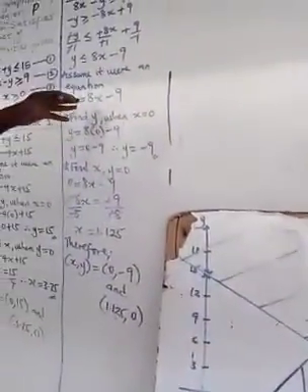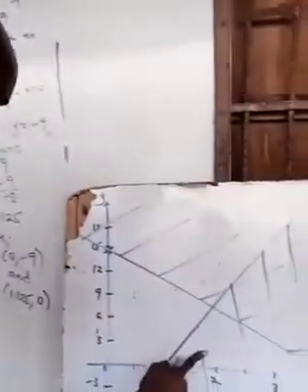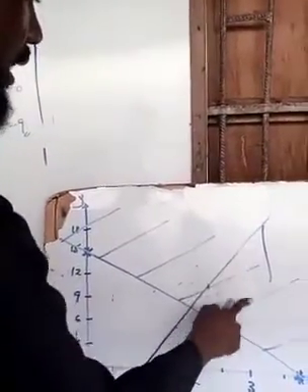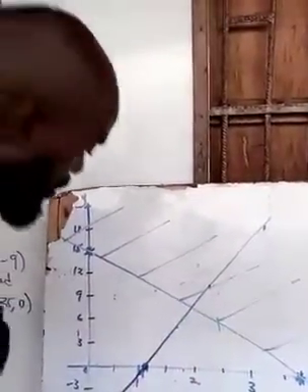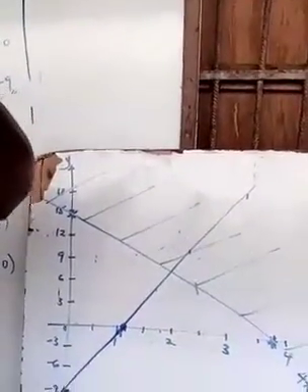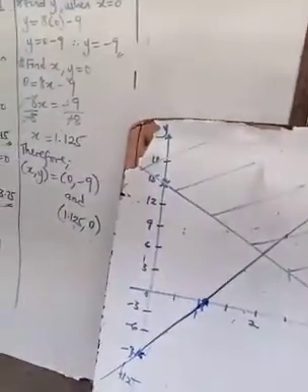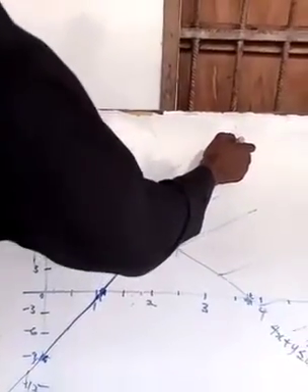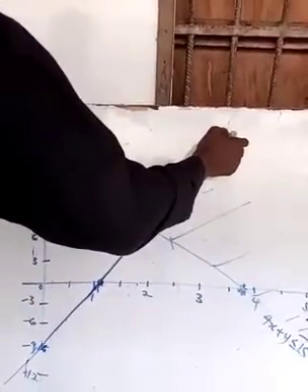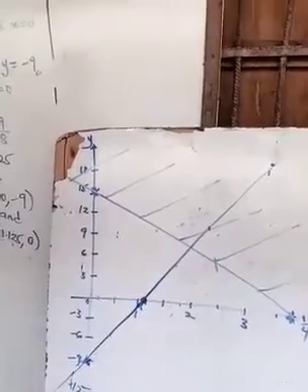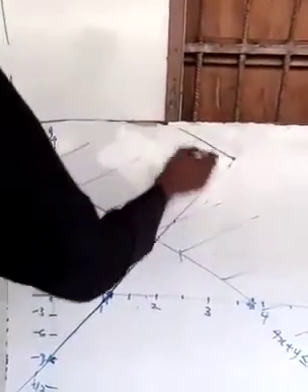It is less than. I made a mistake, so we are interested in the part below the line. That means we are shading this part.